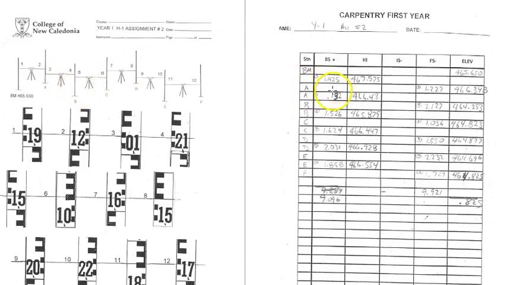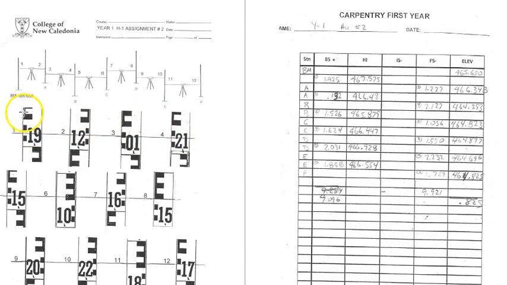If you look at the way the sheet goes, it follows that same pattern. For other situations, you'll have multiple foreshots or intermediate shots, then a foreshot before you have to move the instrument. So follow this pattern to help guide you through whether you're taking a foreshot or a back shot.